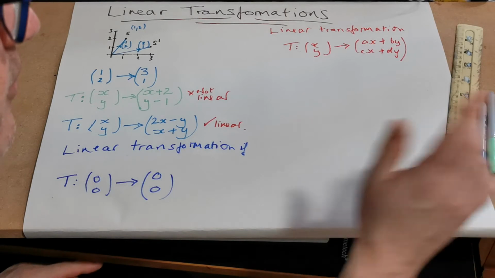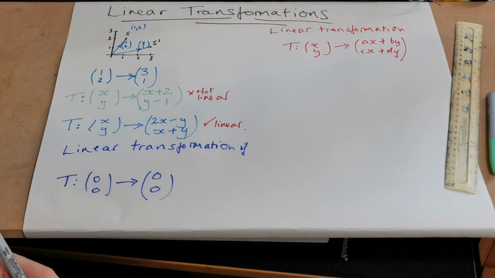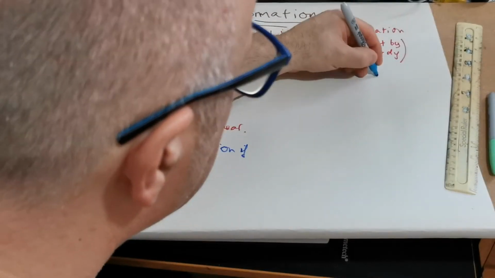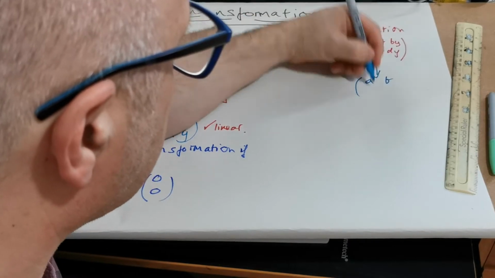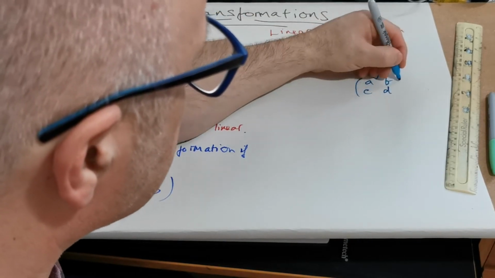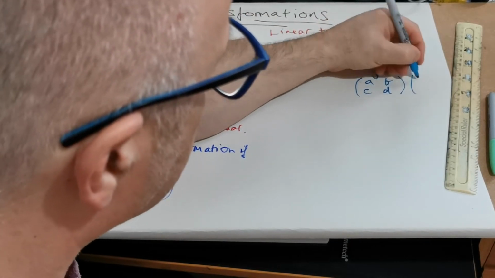And from our previous understanding of matrices, we can see that we've got the matrix (a, b, c, d) times (x, y).